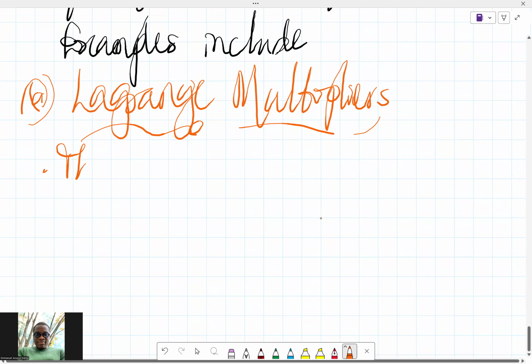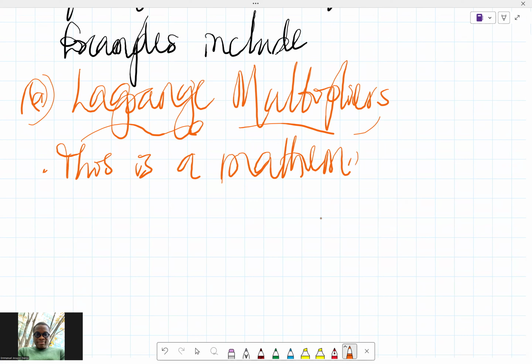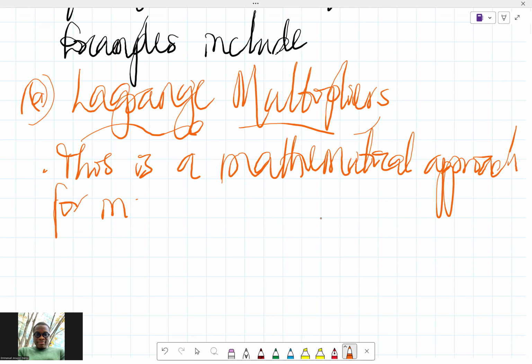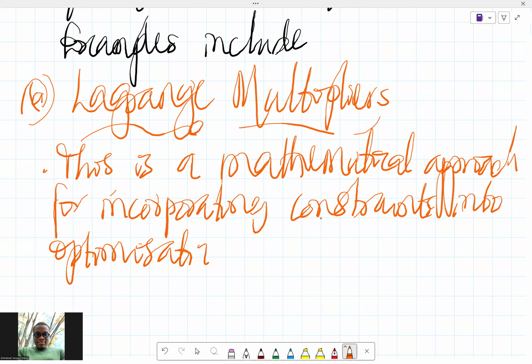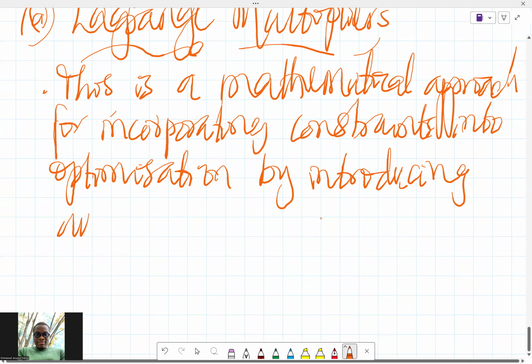This is a mathematical approach for incorporating constraints into optimization by introducing auxiliary variables.